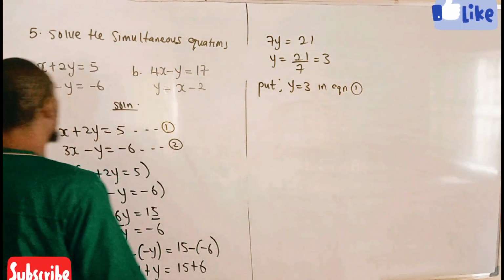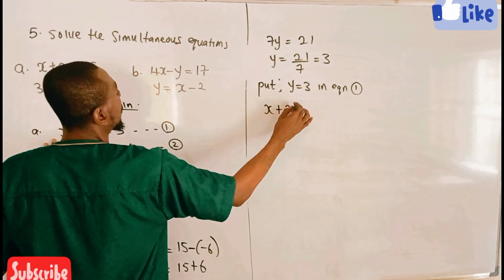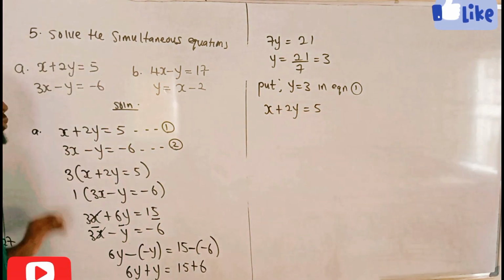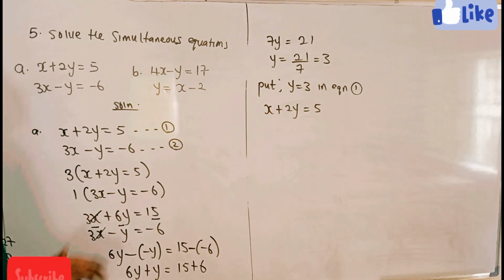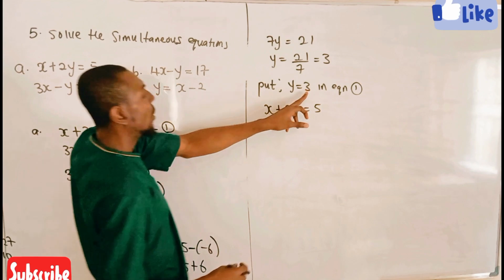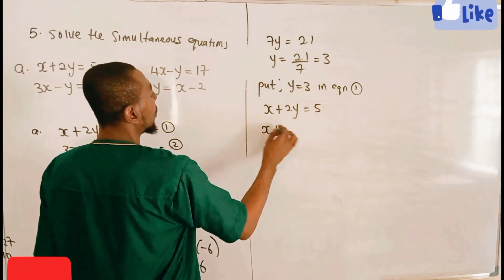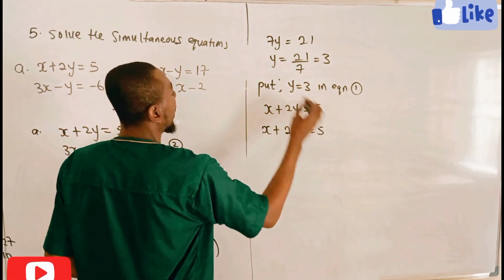Of course, equation 1 says x plus 2y equal to 5. In this case, we're going to choose the simpler equation. Of course, equation 1 is the simpler equation. So when y is equal to 3, and we substitute it in equation 1, we have x plus 2 into 3, that's the value of y, equal to 5.